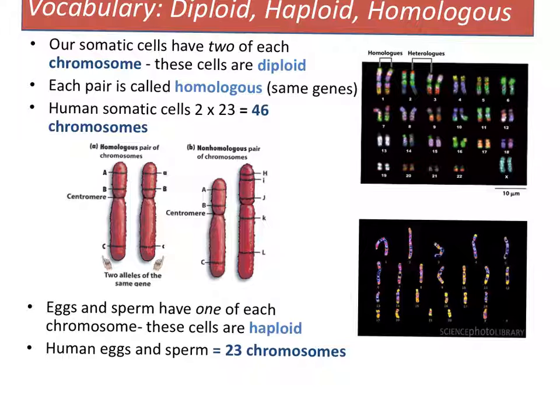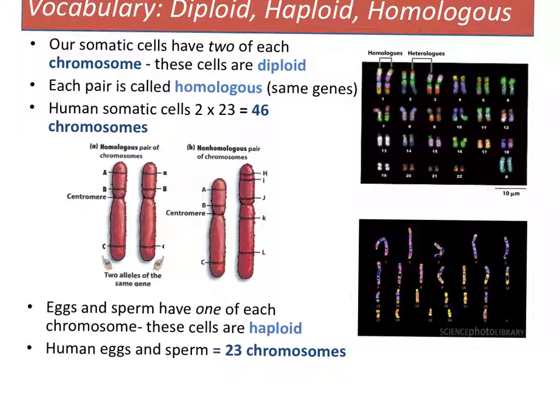Or it could be that, let's say, dad actually has blonde hair, so the offspring would have one blonde hair allele, and then one black hair allele. Okay? We've gone over homologous pairs before, one from mom, one from dad.